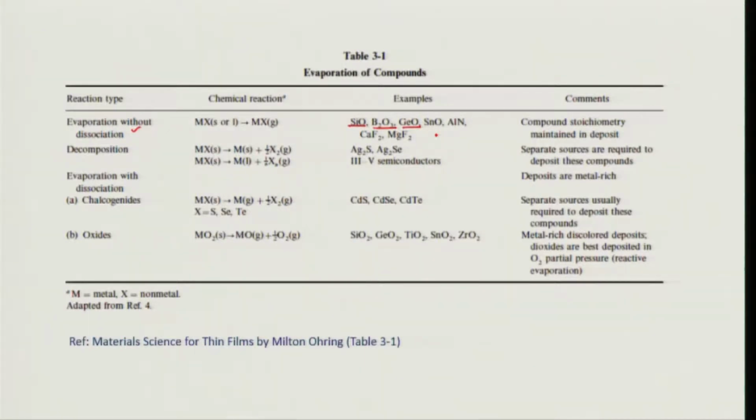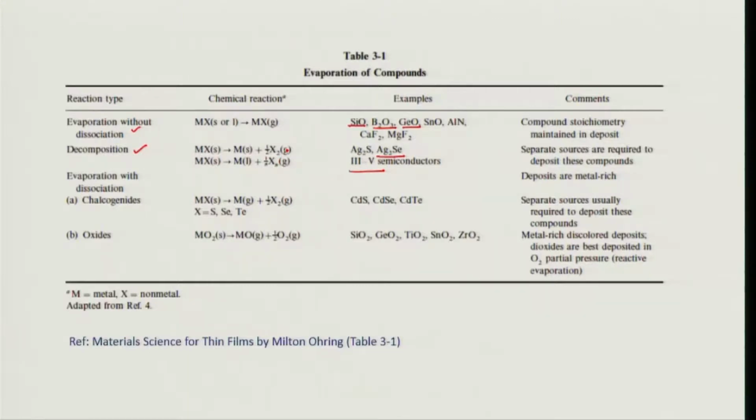Okay. Some of these materials will decompose. So, when they decompose, the gas part is released first, like metal halides or III-V semiconductors, these selenides or sulfides. So, they will decompose. Okay.